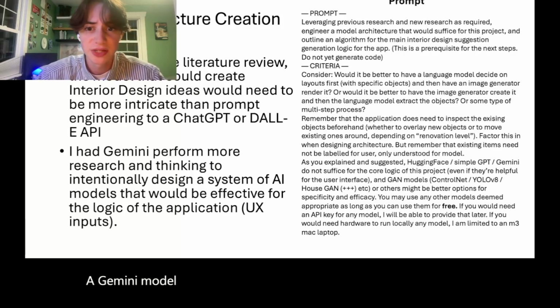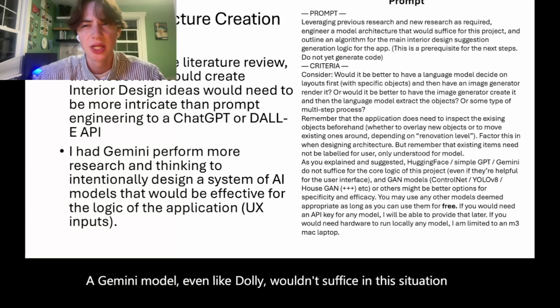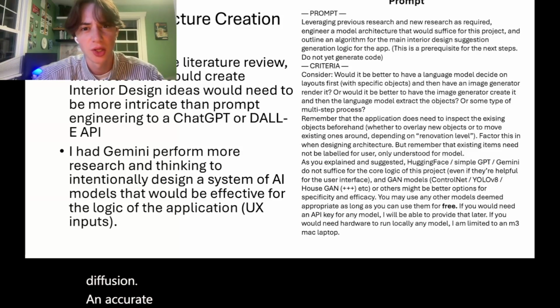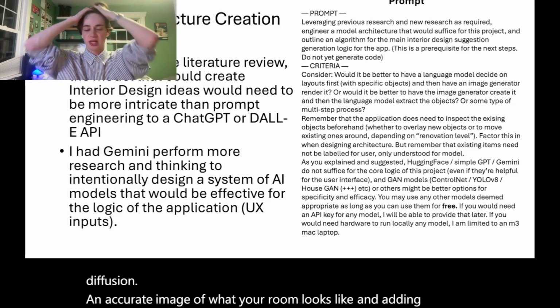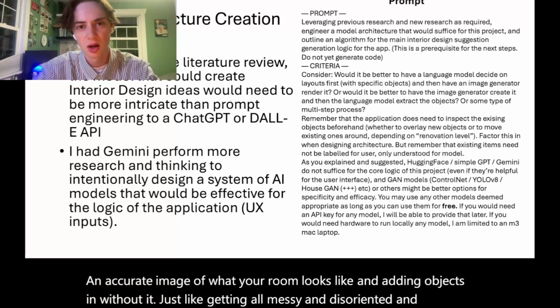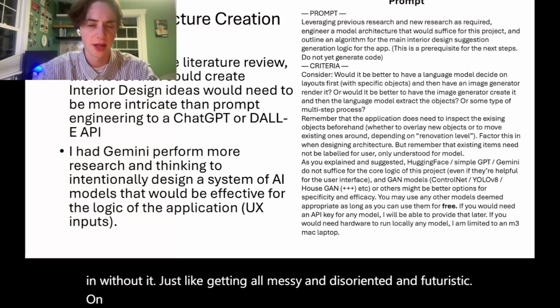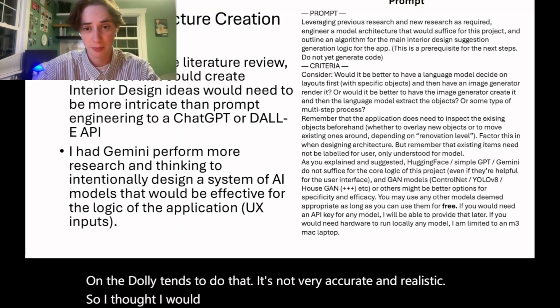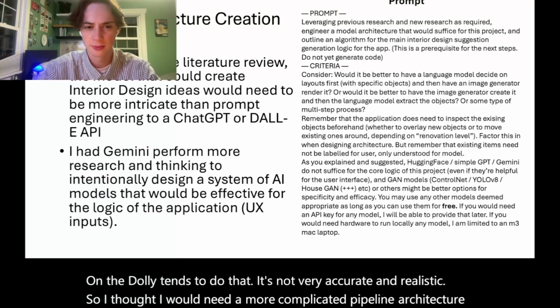Even DALL-E wouldn't suffice in this situation because it's difficult to have, especially with ChatGPT Stable Diffusion, an accurate image of what your room looks like and adding objects in without it just getting all messy, disoriented and futuristic. DALL-E tends to do that. It's not very accurate and realistic. So I thought I would need a more complicated pipeline architecture for that.